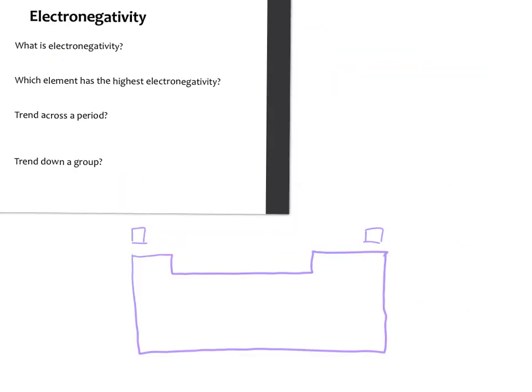Alright, electronegativity. This talks about the strength of attraction for electrons. Now, which element here has the highest electronegativity? I'm going to use this as our reference point. Fluorine has the highest electronegativity of 4.0.